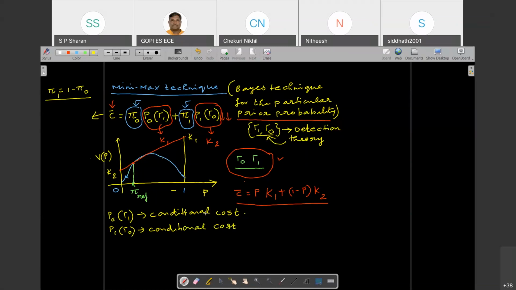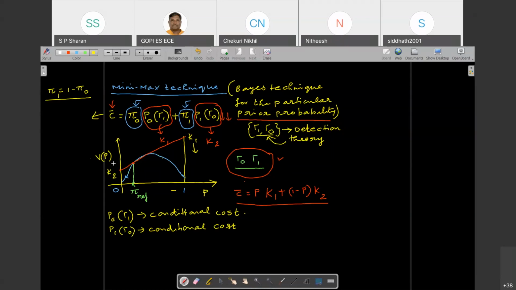So what your K2 will get increased. In the problem, as I told you, in the minimax technique, we are interested in fixing this prior probability. That is what the idea is. We are interested in fixing the prior probability. So where to fix? Suppose that if I am fixing here, your K2 is less, K1 is greater.